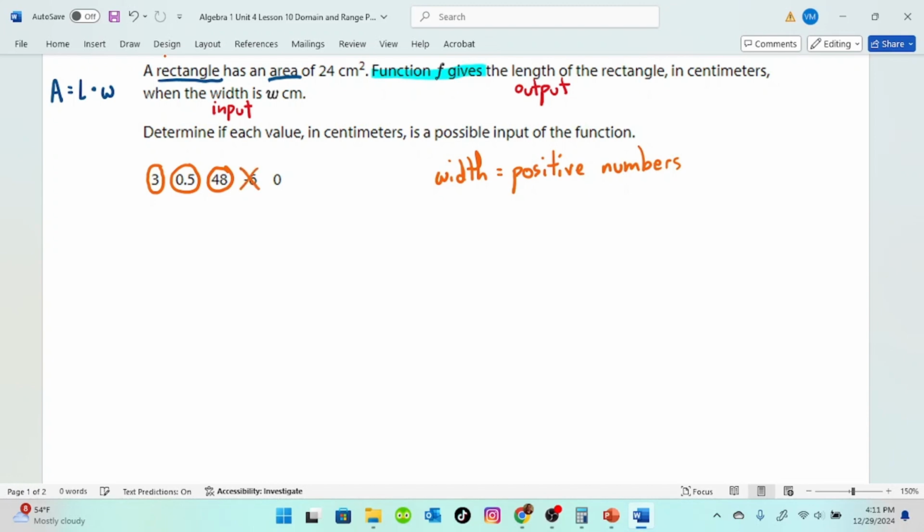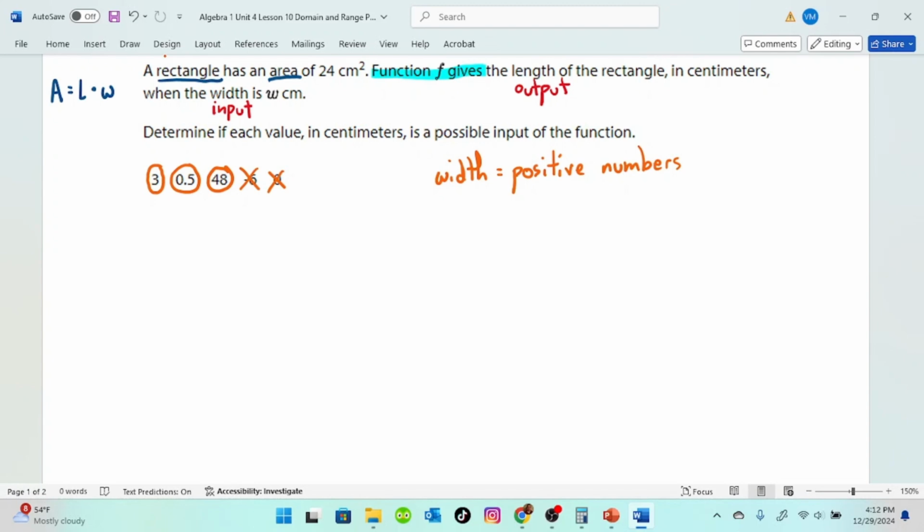There is no rectangle if I have a negative width. And 0 also could not, because if I have 0 width, I don't have a rectangle, I have a straight line. So any of these are possible answers.